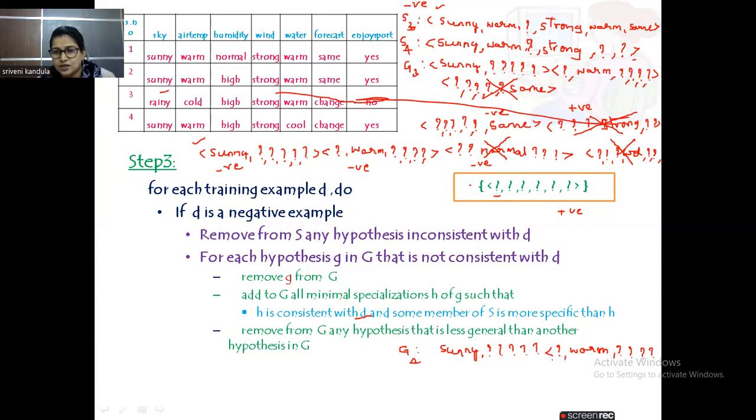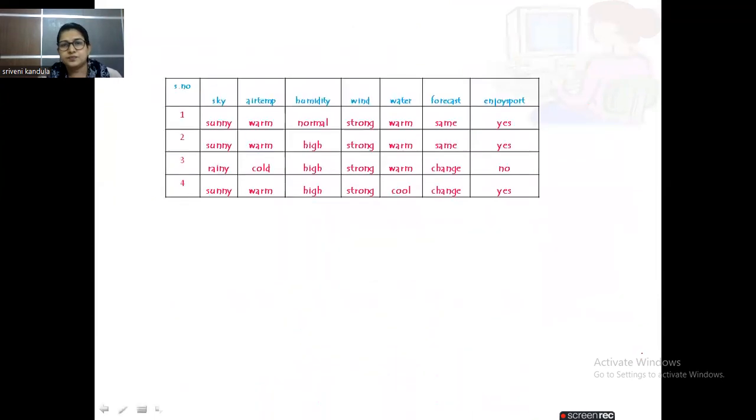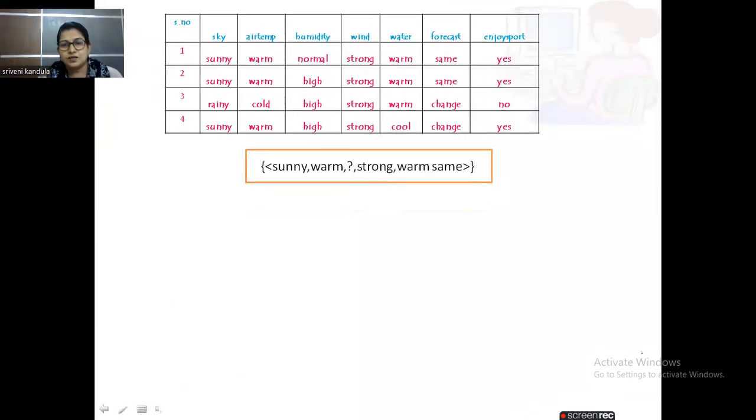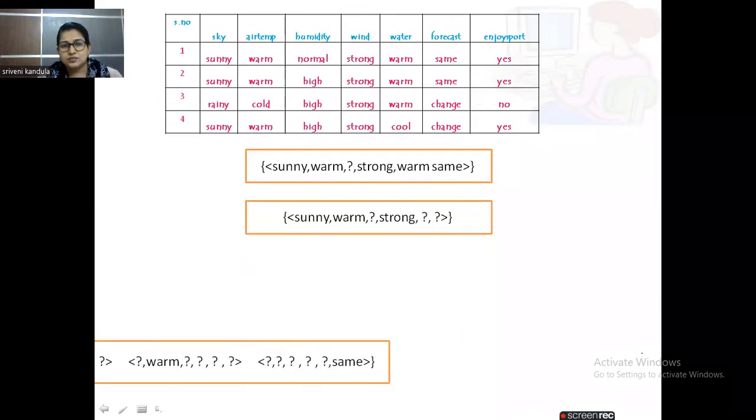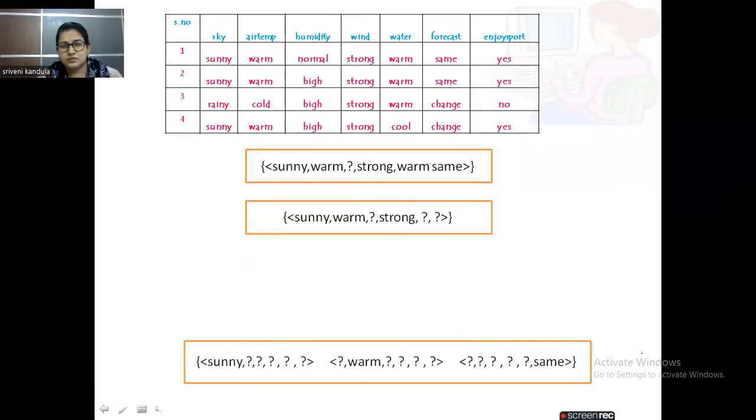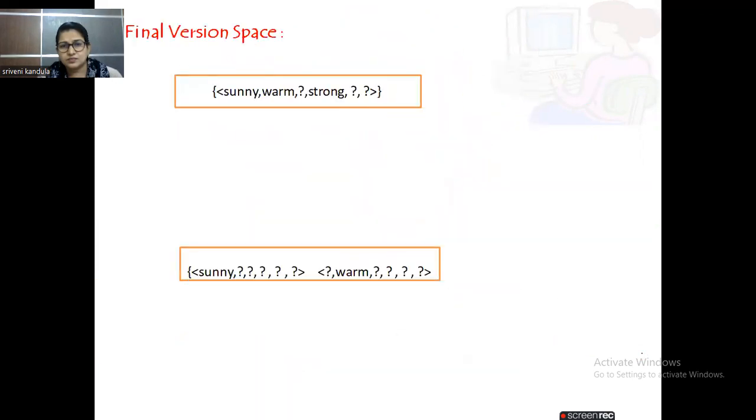Now we are done with all the changes in the specific as well as general boundary. So now these values are acceptable by all the examples. Now let us see how the version space is built. This is the final value of the specific boundary and general boundary that we obtain.